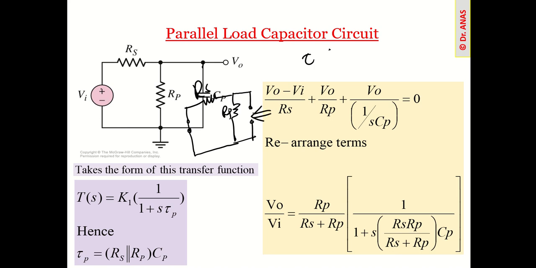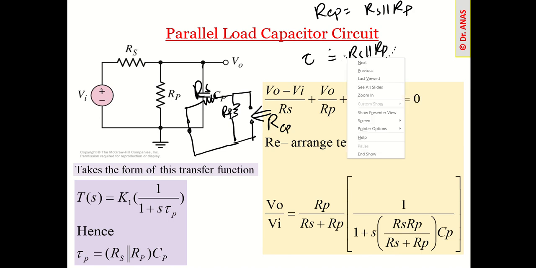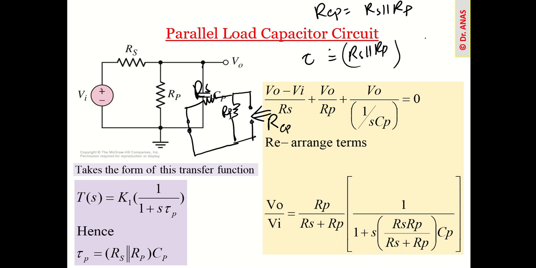So look at the resistance seen by this capacitor. Now RS and RP are in parallel, so the resistance seen by this capacitor will be RS parallel with RP. So tau will be this resistance multiplied with this capacitor value, and the frequency will be 1 over 2 pi of this tau.